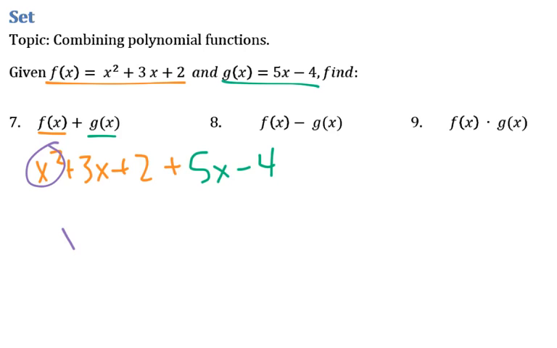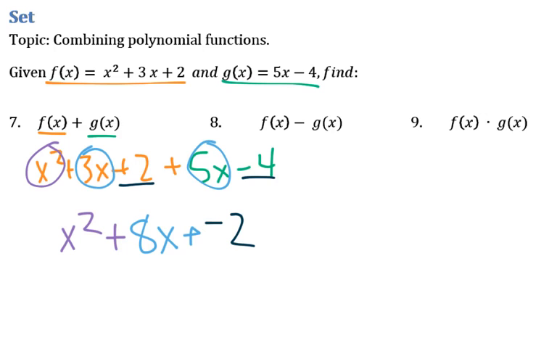There's no other x squared, so I write that one first, because we always want to get in the habit of writing that highest degree first. Then 3x and 5x would give us 8x, plus, then 2 minus 4 would be a negative 2. Or we could just write that minus 2. Same thing. And there we go. We've simplified it as far as we can.